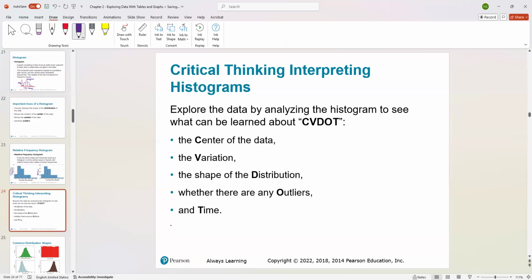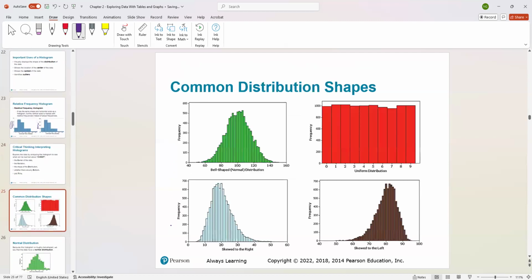Of course, let's see some of the common distributions for histograms. The first one is mostly bell-shaped. It's really bell-shaped. A histogram with a bell shape is a normal distribution.